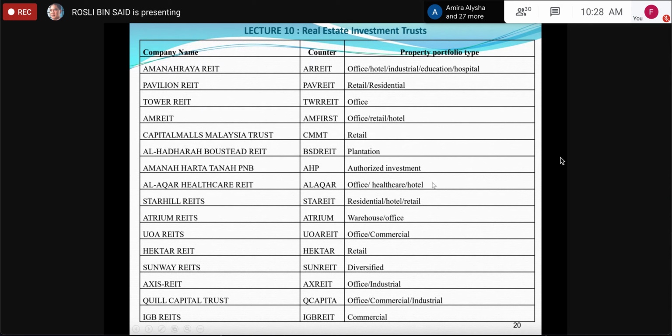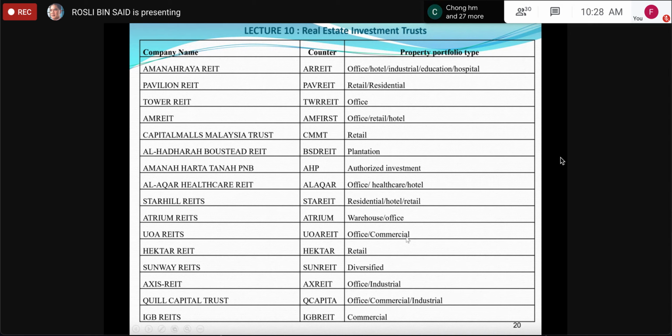Offices and hotels are out at the moment. So basically, the company will generate a steady income even if the other two sectors have problems, not like Capital Malls and Tower REITs.